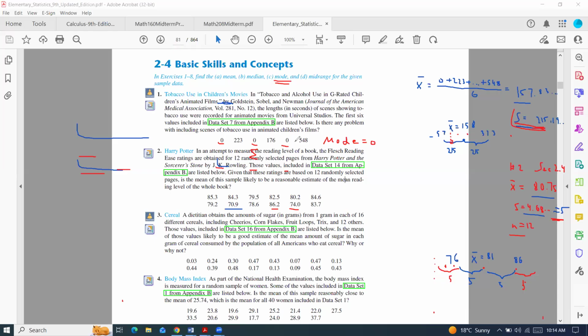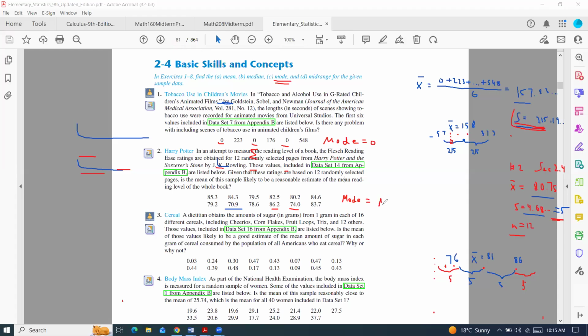And you say, what about the others? Well, the others are not the mode. So we don't care for them. Like if I try to find a mode in exercise number 2, I can see that all numbers here are different. There are some decimals, but I don't have the same numbers.